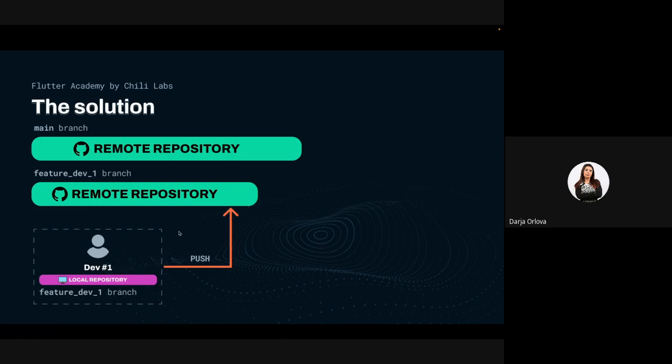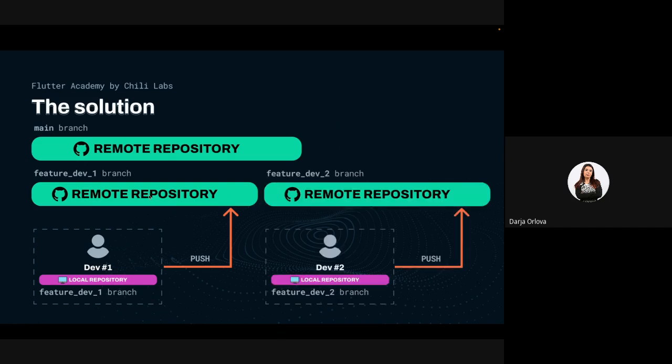I make 1 commit, 2 commits, 3 commits, 150 commits, and then I push them all, and they're all in this branch. The same goes for the second developer. He has his own branch and pushes to his own branch. So we all work in our separate branches. They're still available in GitHub remotely, but they're not in the main branch.